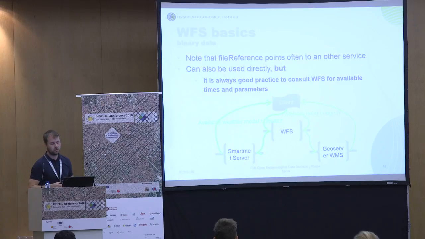So the basic idea is to first ask web feature service what is available. And this is mostly about SmartMet server, but we also use GeoServer, the web map side of it, for radar images. So, for example, if you want radar images as geotiffs, those are served from GeoServer currently.